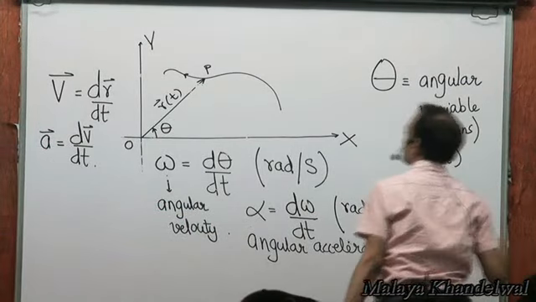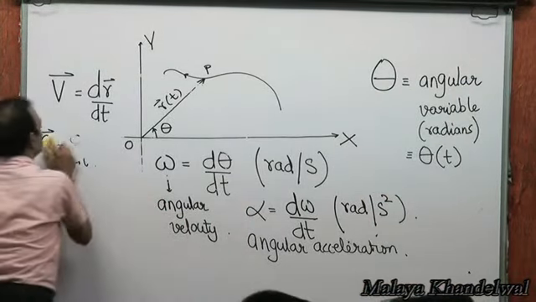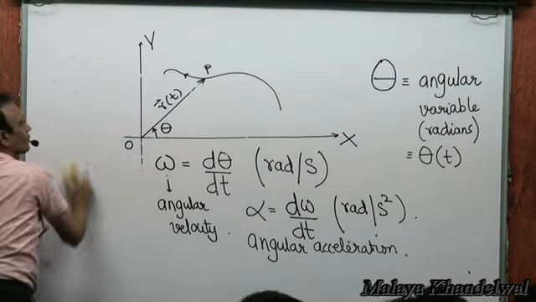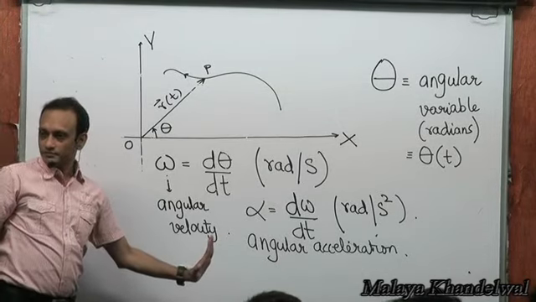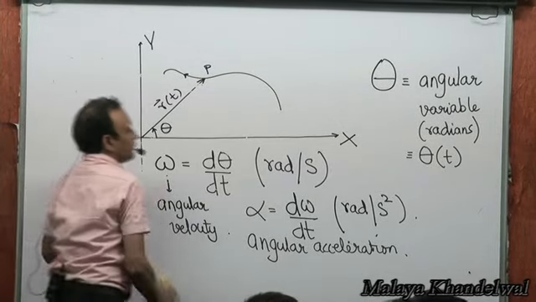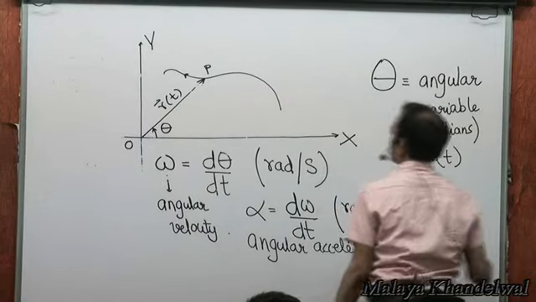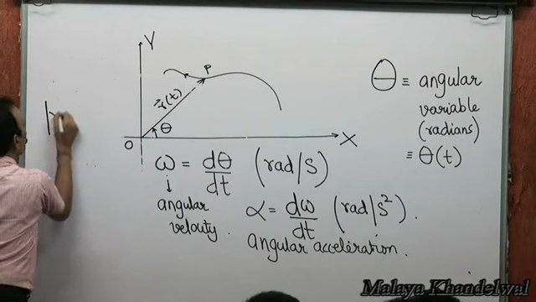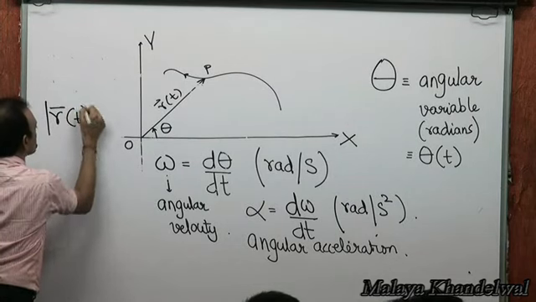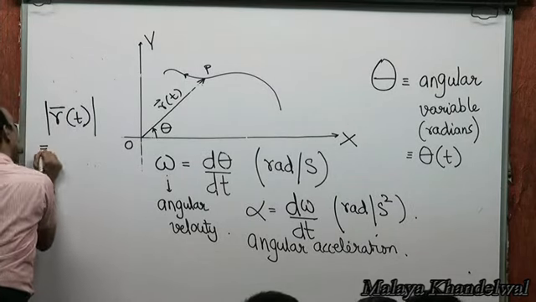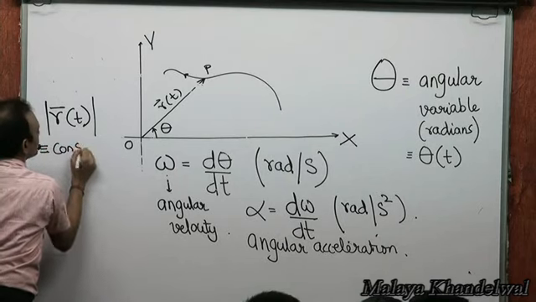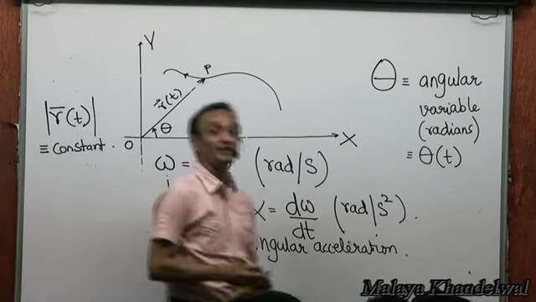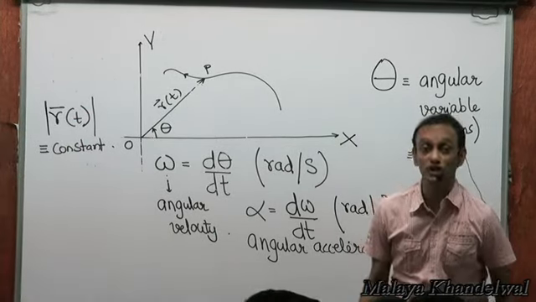Now, can I wipe this off? If there is a situation in which mod of r remains constant, the position vector changes, but the magnitude of the position vector remains constant, that means the particle P moves in a manner that its distance from the origin does not change with time.